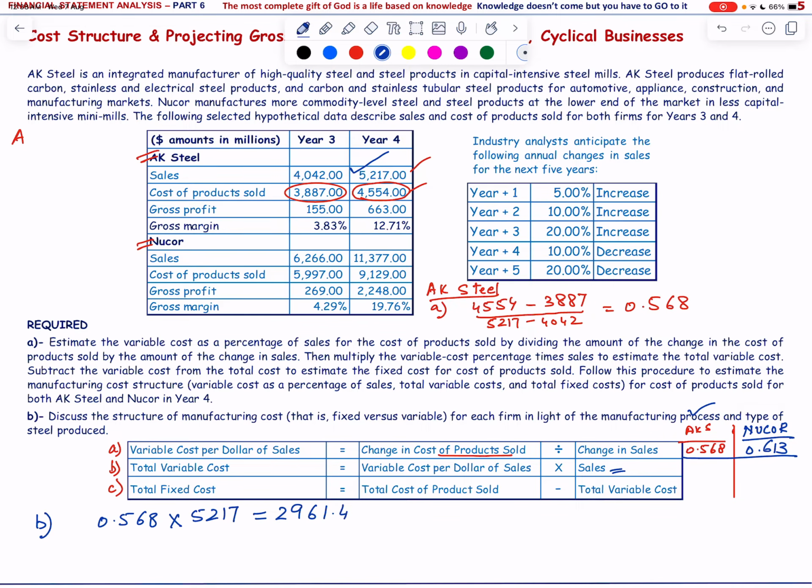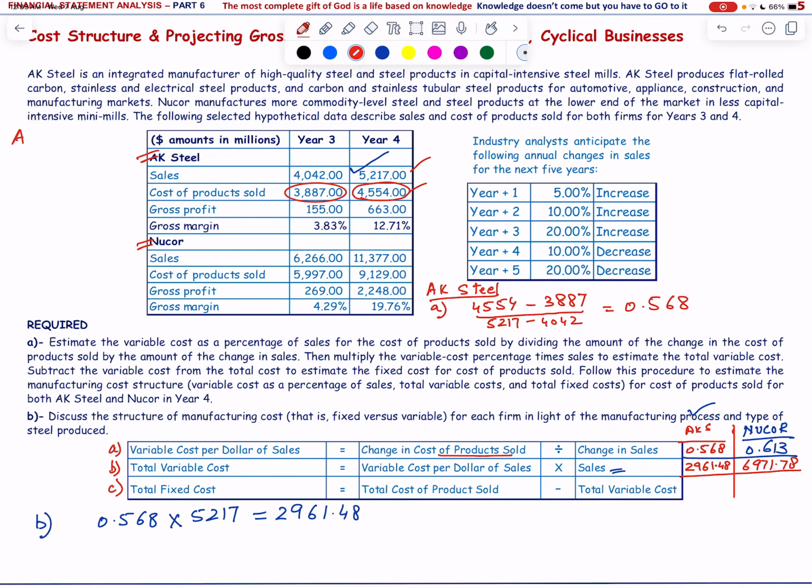So the total variable cost is 2961.48, and in the same way you can calculate for Nucor, and this will be 6971.78.